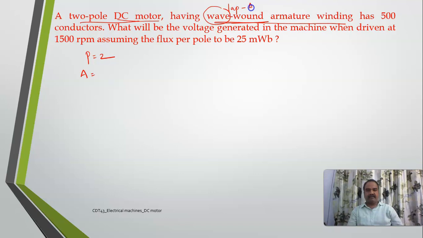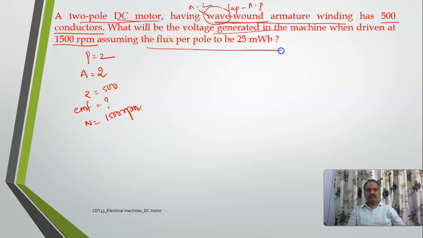If it is lap, A is equal to P. If it is wave, A is equal to 2. So parallel paths is 2, and the machine has 500 conductors, which means Z is equal to 500. What will be the voltage generated, which means I want the EMF, when driven at 1500 rpm, N is equal to 1500 rpm.